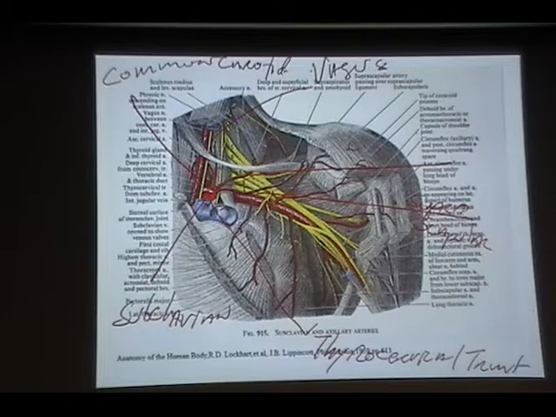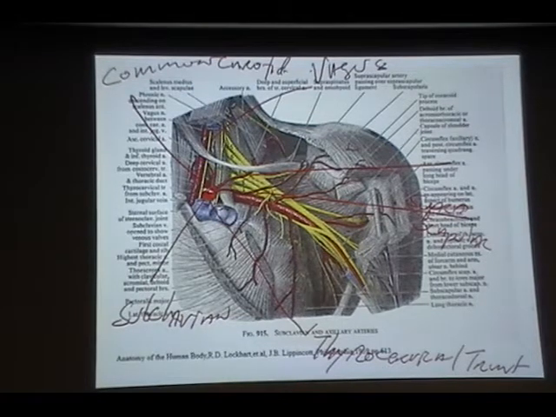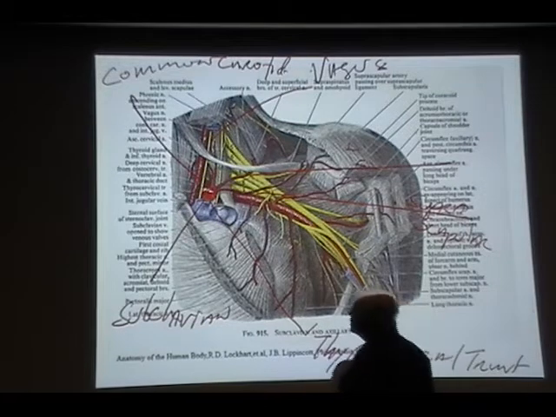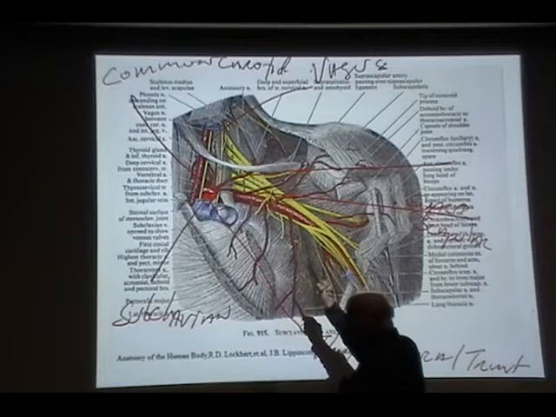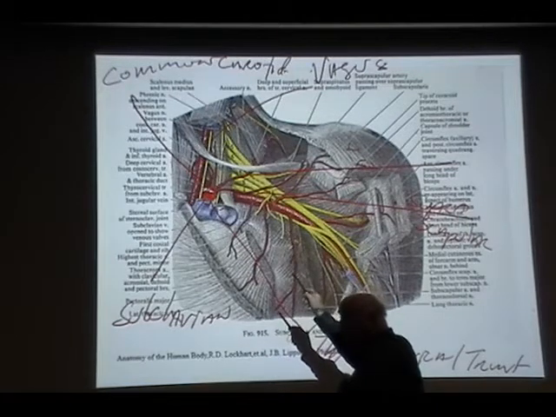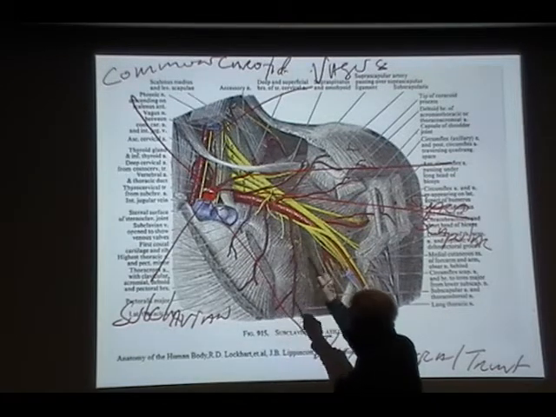So that branch crossing these yellow cords, which is the brachial plexus, that is the transverse cervical.